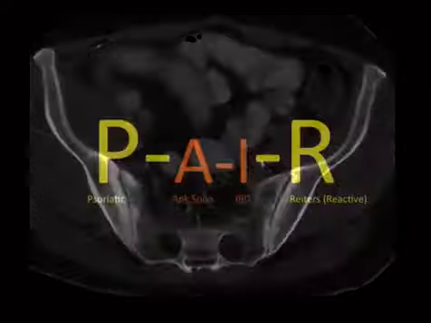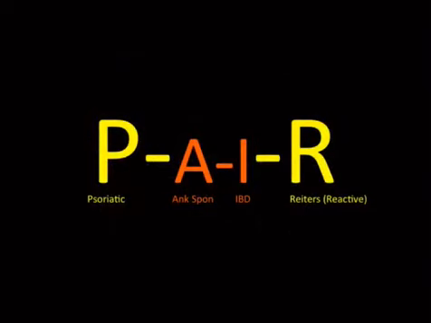So your bilateral symmetric versus bilateral asymmetric, this is the way that I remember it. The A is the first letter in the alphabet, so that's how I remember that this is on the end. So PAIR: psoriatic, ankylosing spondylitis, inflammatory bowel disease, and reactive arthritis.